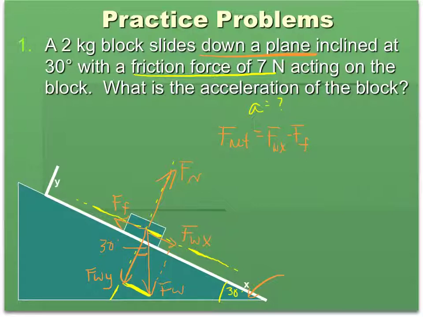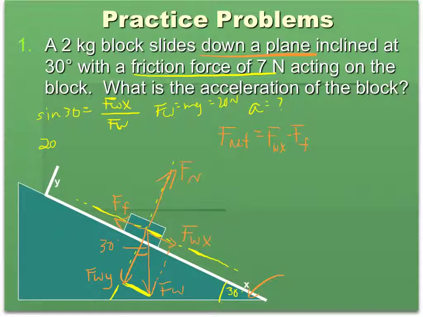Okay? So I can say that the sine of 30 is equal to my FWX divided by my FW. Now it's a 2 kilogram block, so that tells me FW, again, is equal to mg, or in this case 2 times 10. That's 20 newtons, so I can substitute that in.